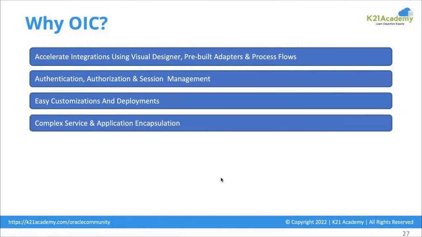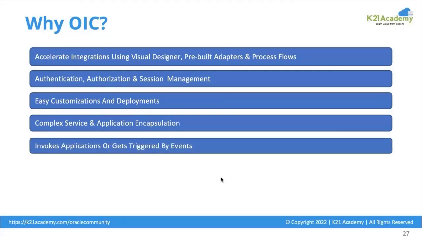Complex services and application encapsulation. Whatever REST APIs you have from your third-party application, you consume them with the help of Oracle Integration. Invoke applications or get triggered by events. In integration, you can invoke any application with the help of available adapters, or it can be triggered by any event.